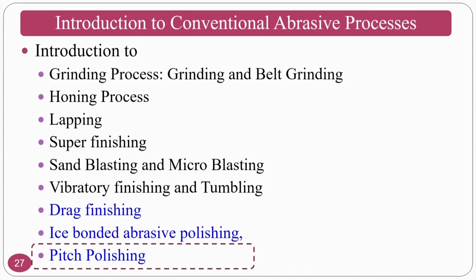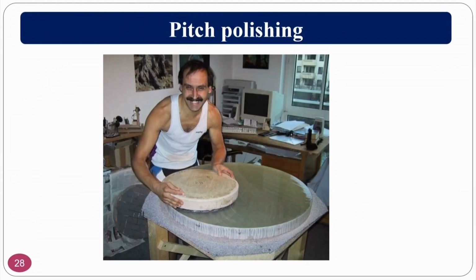The next process is pitch polishing. Pitch polishing is one of the good processes for lens polishing as well as for mirror polishing applications. As you can see here, this is the lens basically, which is polished by the trial and error methods of the operator.